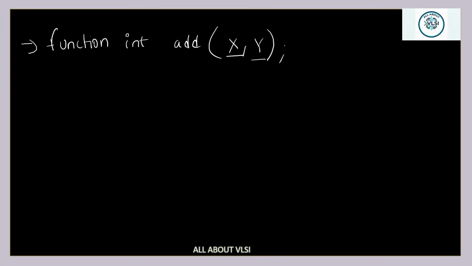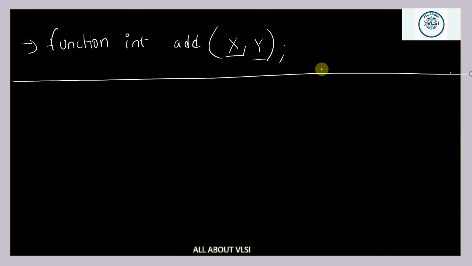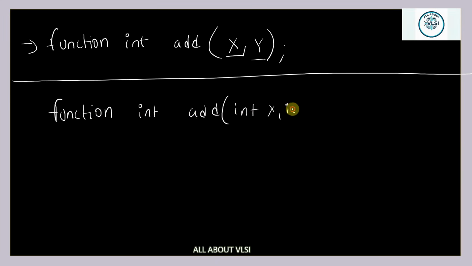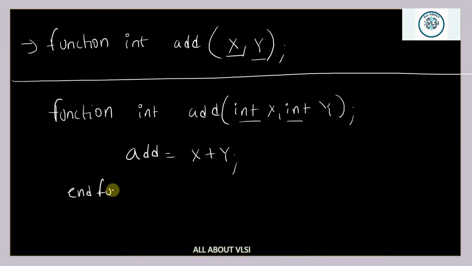Now, specifically, I'm going to write function int add, and I'm going to have two arguments, int x comma int y. I have two arguments, x comma y, of data type int. Now I'm going to write add is equal to x plus y, followed by end function.